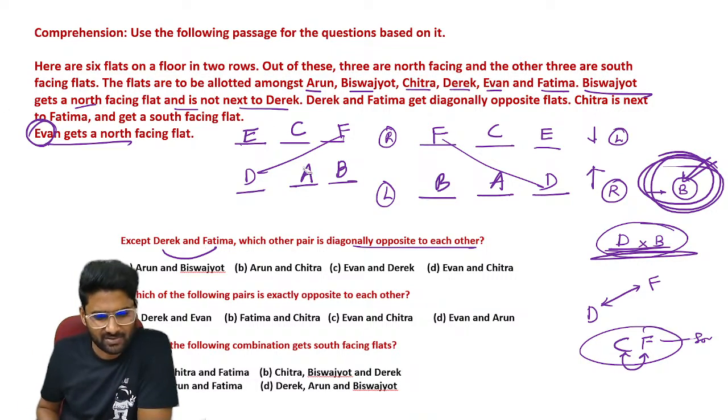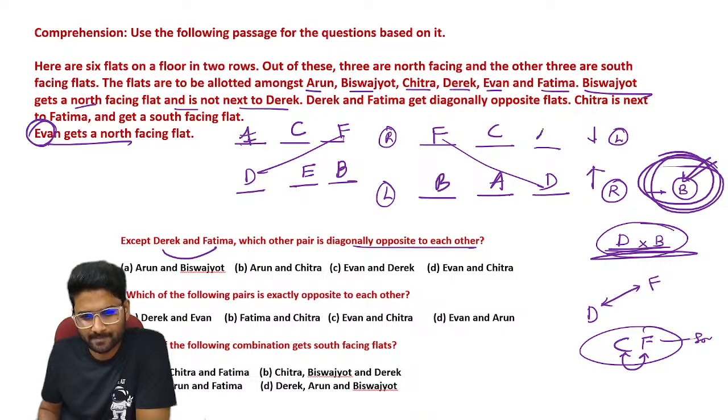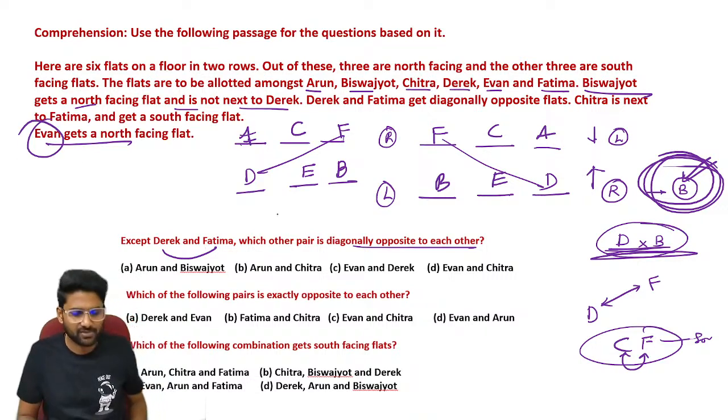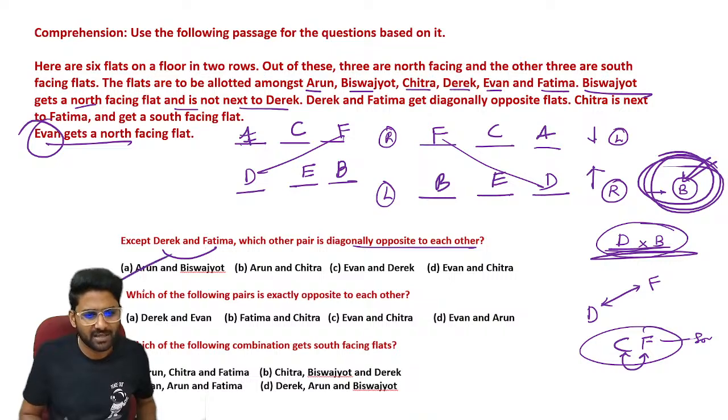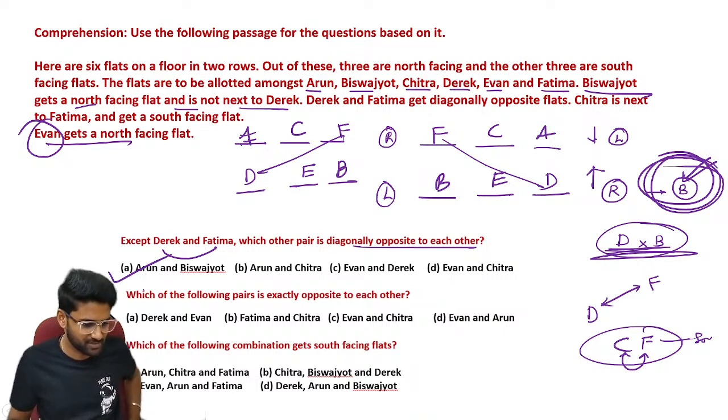Sorry, guys. This is E, right? This is E, this is A. I mispronounced it. Then we can conclude that A and B are diagonally opposite to each other.